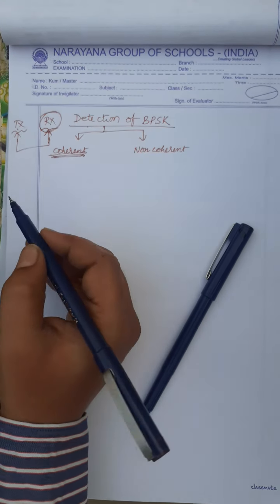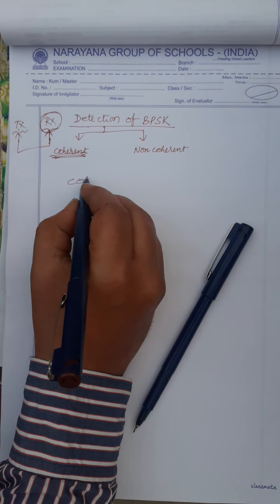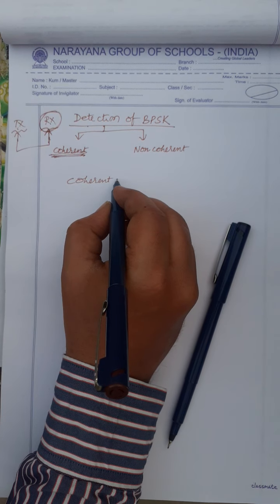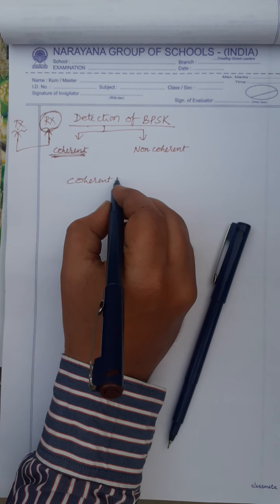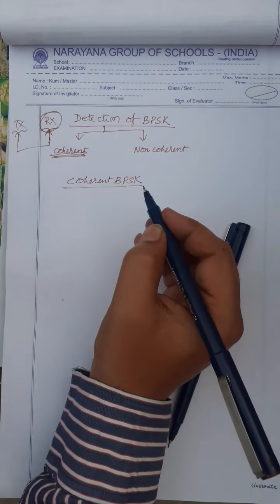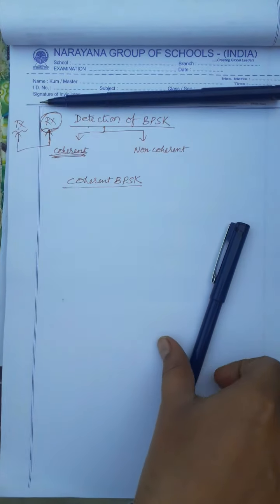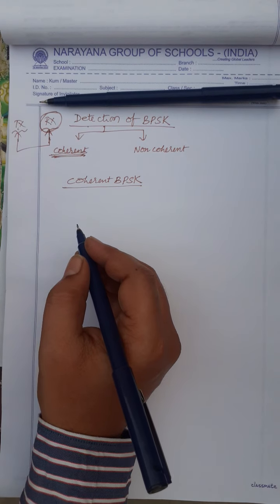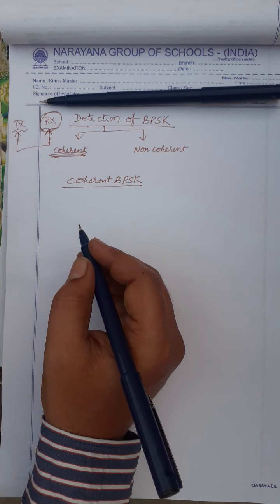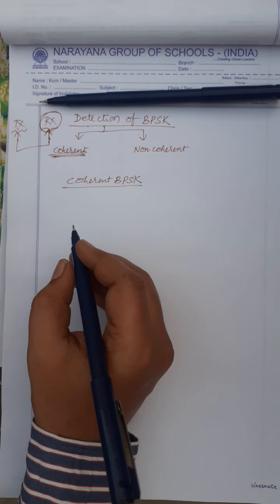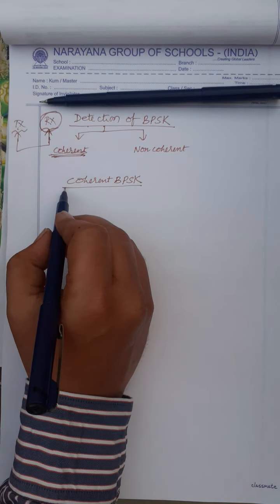Now I am going to explain coherent BPSK, coherent binary phase shift keying, we are going to learn, right? Now the block diagram of coherent BPSK is this, at the receiver side.